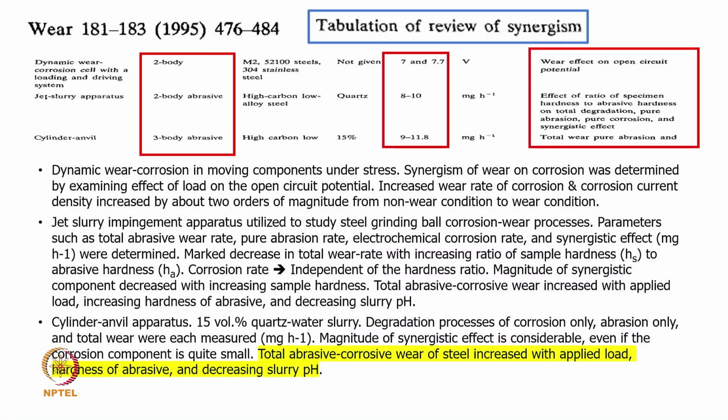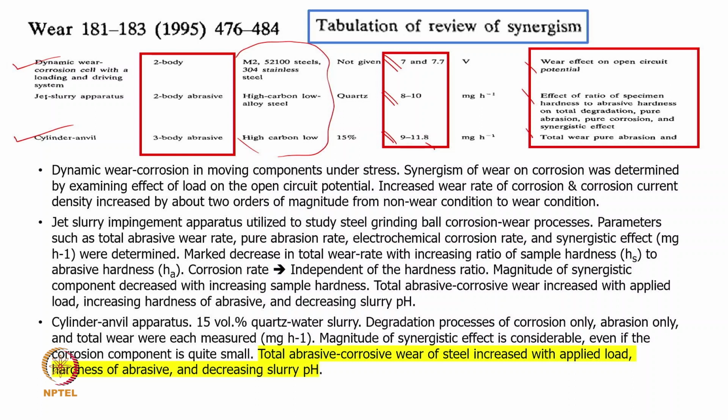Continuing with that table, we took the last three also. In this situation, they showed the two body abrasion and three body abrasion. Again, the materials tested are shown here. The pH level in this case is mostly alkaline: 7 to 7.7, 8 to 10, and 9 to 11.8. So that has been shown here, and then they have provided some comments.